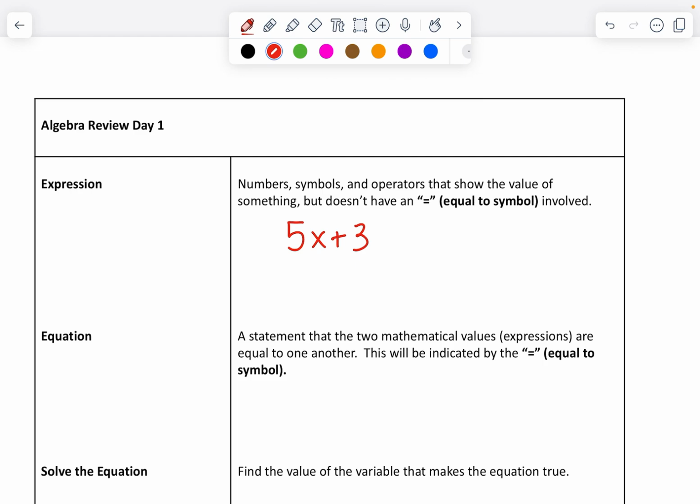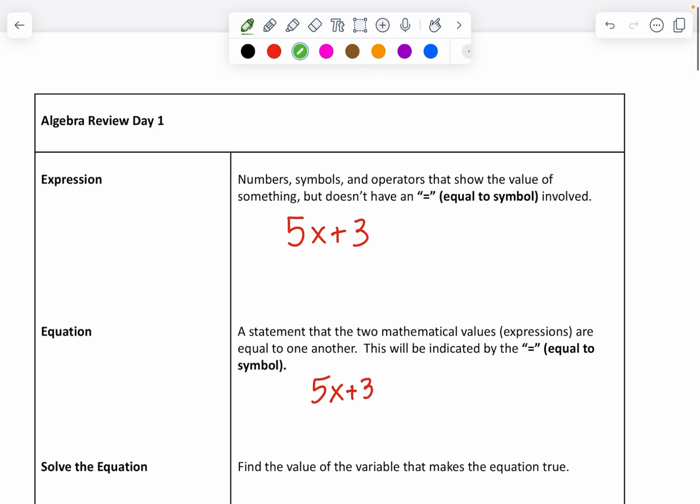On the other hand, something that would be similar but different is an equation. This is a statement that two mathematical values or expressions are equal to one another. This would be indicated with the equal sign. So if we started with the first expression, 5x + 3, and then wrote another expression, so maybe, I don't know, 2x + 8, and then threw an equal sign in there, that would be an equation.